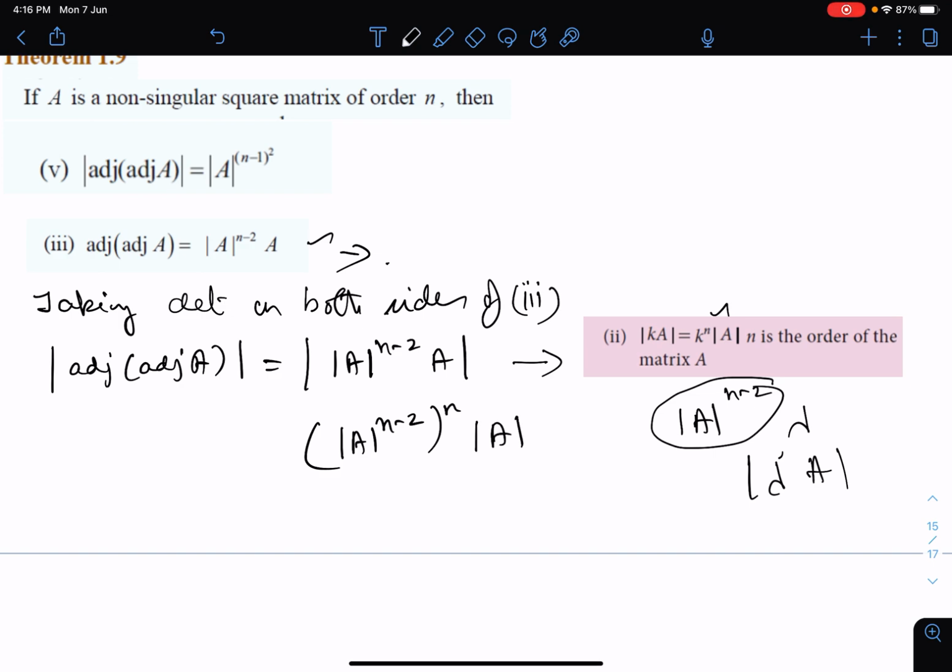Okay. So you are taking this as a constant, power n minus 2, and for A the order is n, so you take lambda power n.